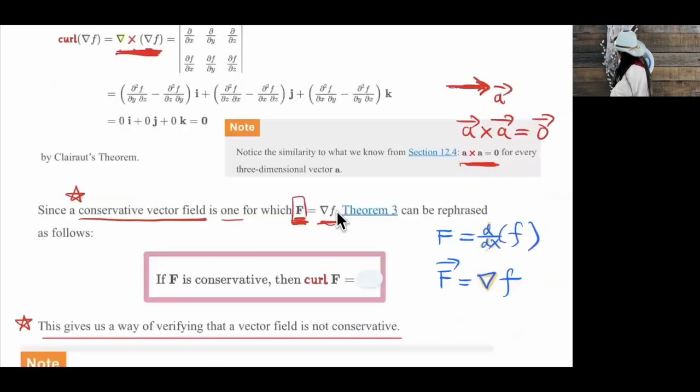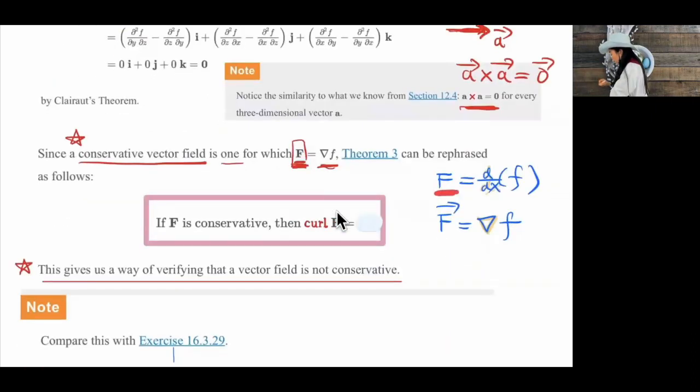In one-dimensional calculus, say we have a function that's the duality of the small f function, then this is the anti-duality of this function. Now, for this vector field F over here, that's equal to the del of f, which is the gradient of f. So this kind of plays a similar role as this one over here. So you try to compare them. The small f here is kind of like the anti-duality of this over here. So you see the relation.